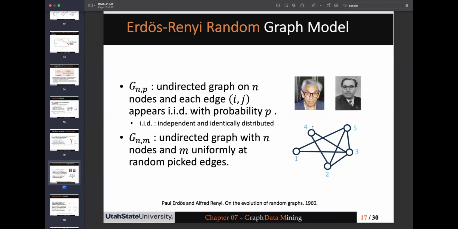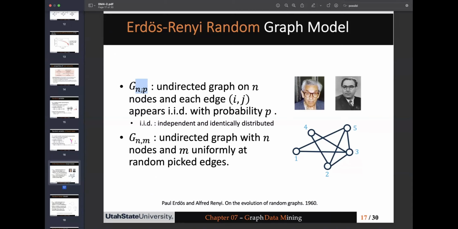And the idea is that in any graph G that we encode using G, in the subscript n, p formulation, right? So we start with a fixed number of nodes n that we might have in mind, and for every possible pair of nodes, we decide whether an edge will exist or not exist, and we do that by just performing a random experiment, like the coin toss example in the previous slide.